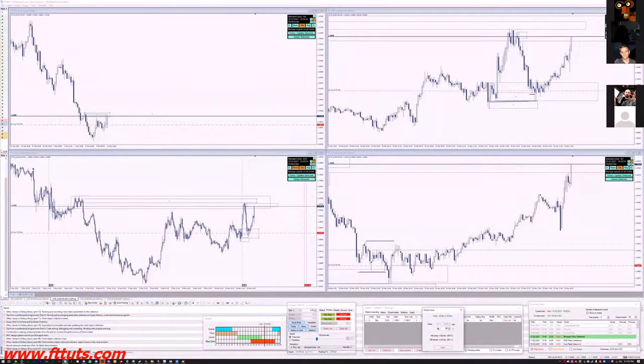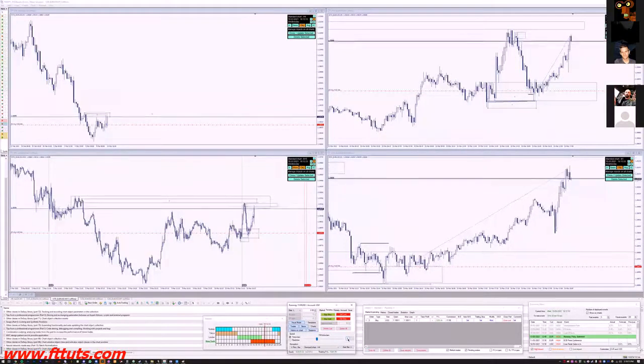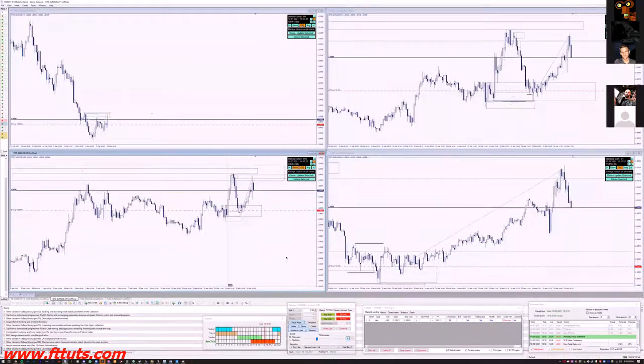Or maybe we'll tap into one of these 15-minute zones above. Maybe we'll sweep this liquidity, right? So actually, we'll pull 50% of the position on that. And if it blows through this zone, then great. If it doesn't, whatever. At least we took some profit on it.